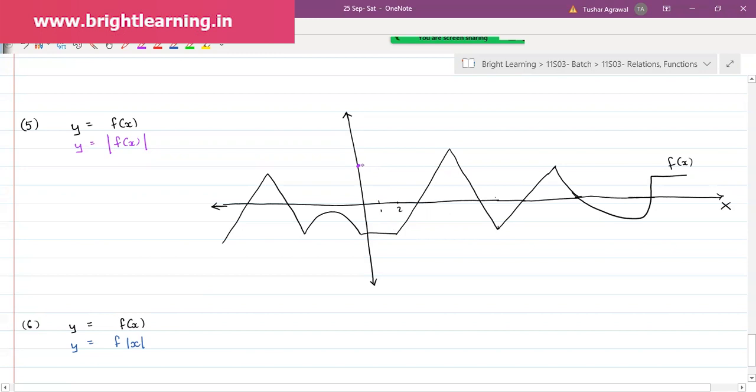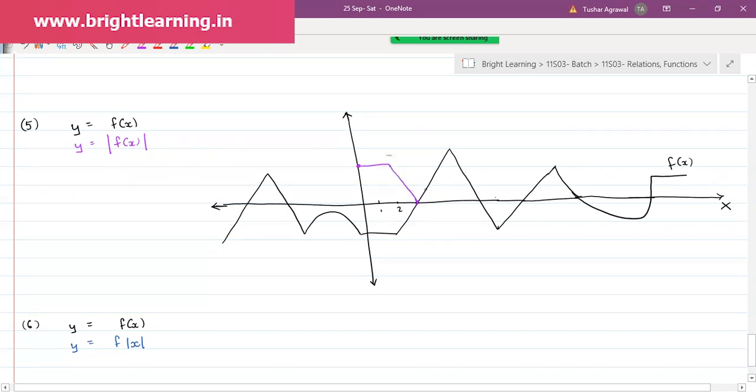For x equal to 2, the image was -3. In the purple graph, the image will be +3. For this point and this point, the image will be 0 only. The graph will come. Is it clear? Yes, sir. Whatever graph went downwards just came upwards.